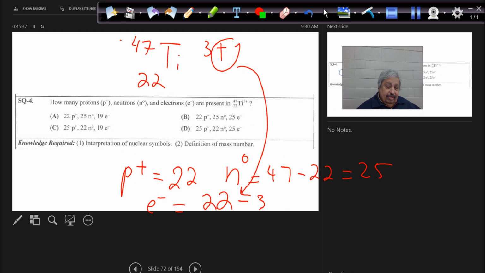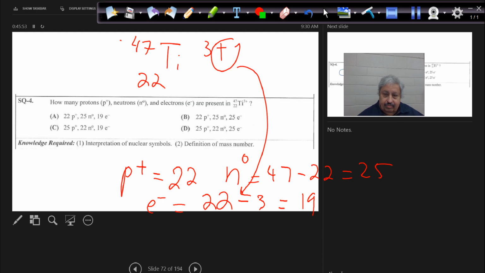Minus 3. So how many? 19, correct? So which one is correct? A, that's correct. So the answer is A.